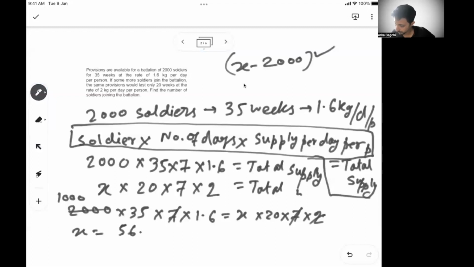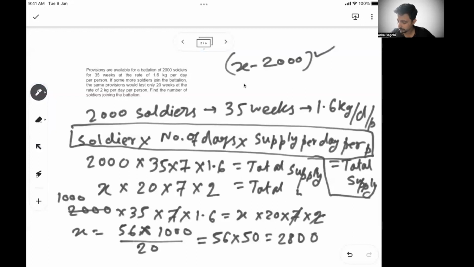So 56 into 1000 divided by 20. 20 means it will be 50, so 56 into 50 is 2800. So X is 2800. So basically 800 new soldiers joined. So we got X equal to 2800.